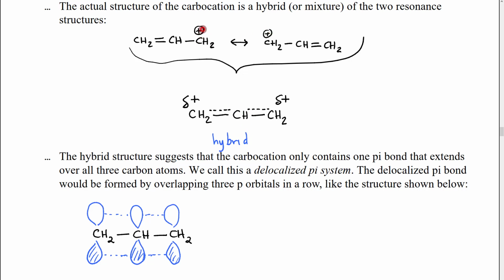We would also say that about 50% of the time, there would be a charge on one end, and the other 50% of the time, a charge on the other end. So again, we don't have full 100% positive charges on each end. We have a partial positive on one end and simultaneously a partial positive on the other.